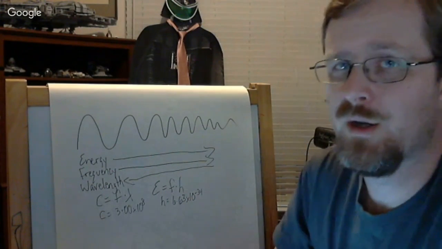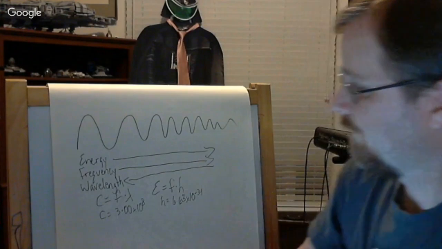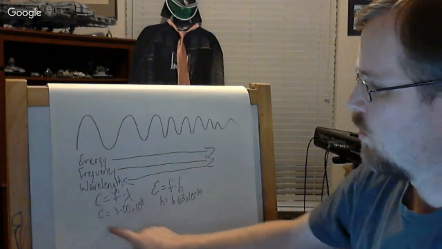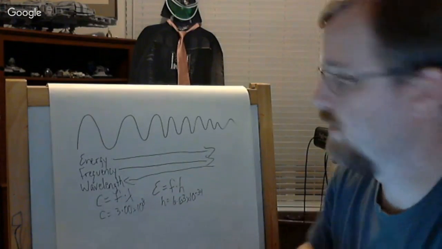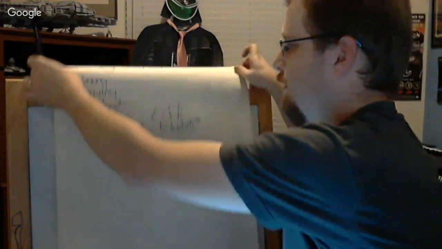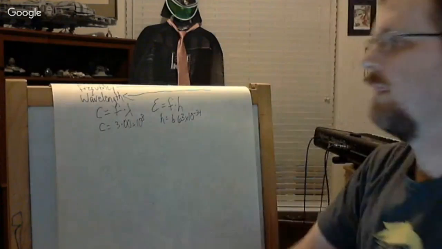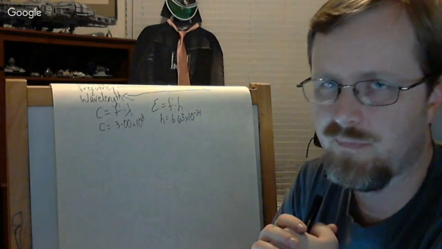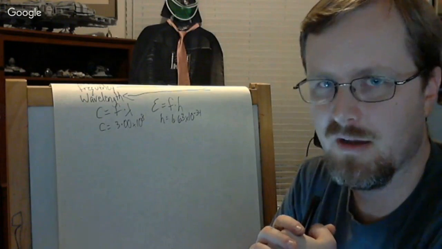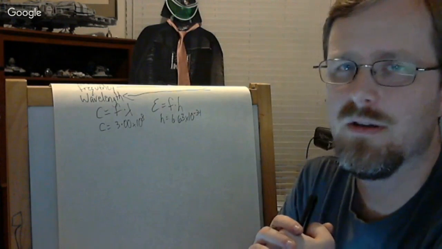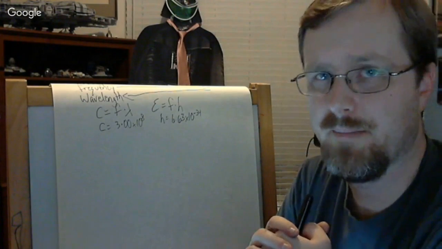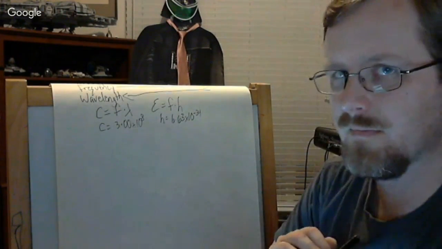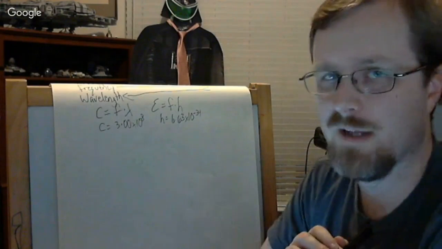So here's the pattern. When you are using this first equation, you will do literally the same thing every single time. It does not matter if I give you frequency or if I give you wavelength.